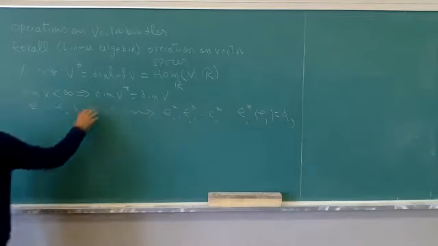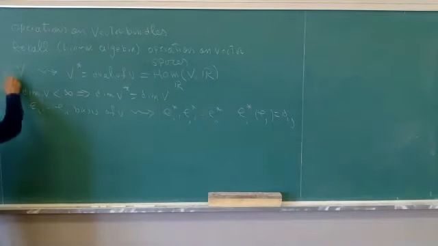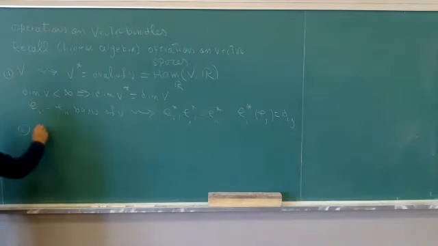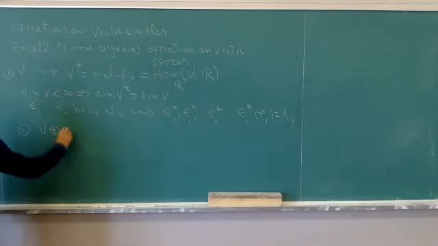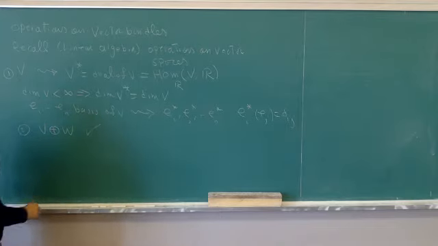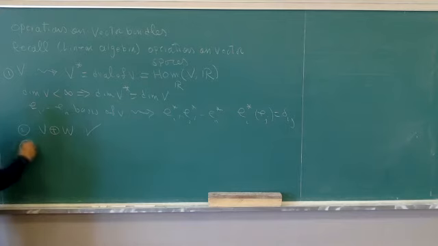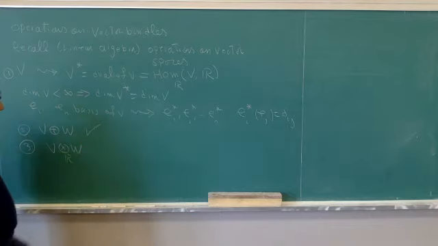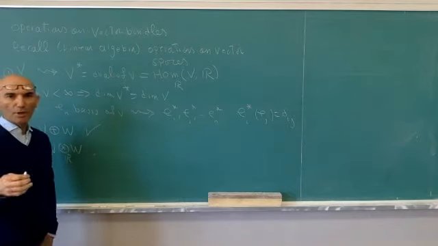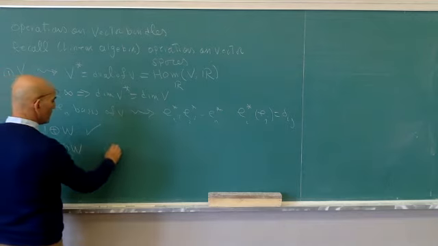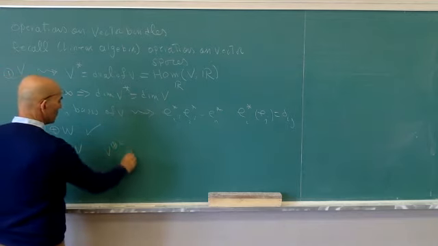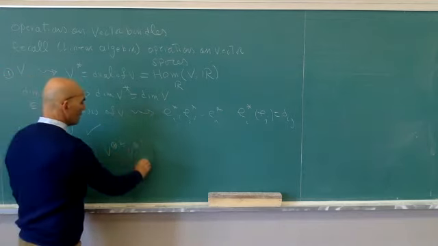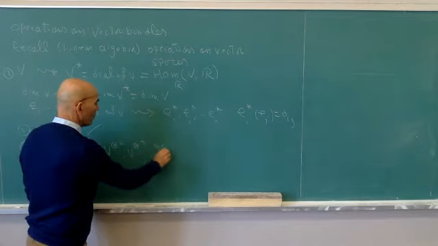So this is one operation. And then we have the direct sum operation. And we also have the tensor product operation, tensor products over R of two vector spaces. You can also do tensor product many times, like V tensor 2, V tensor 3, V tensor 4.